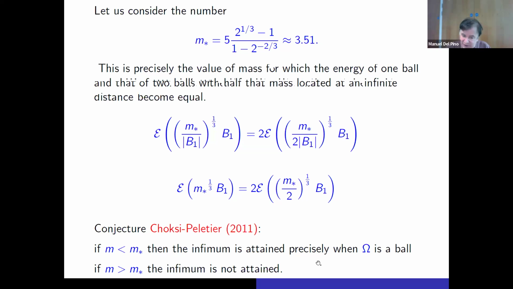This we can be sure of, because two balls at a large distance from each other will have a lower energy than a single ball with volume M. However, it is also conjectured that if M is less than M star, then the infimum is attained, and not only is it attained, but it is attained precisely in a ball.